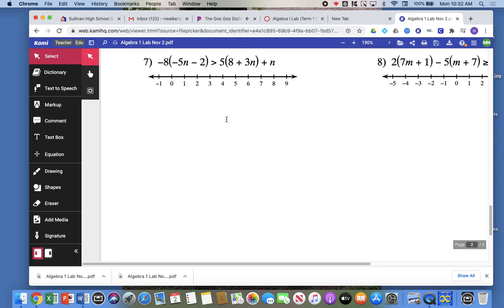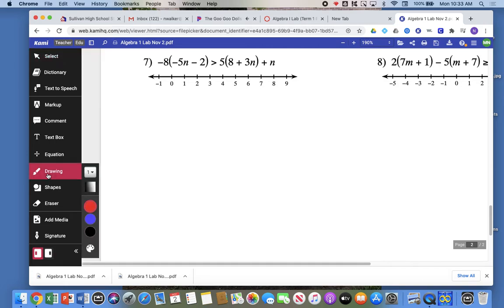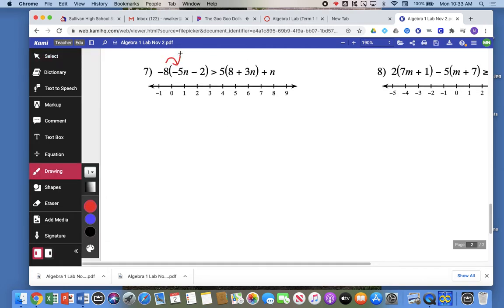All right, so on this one, we are going to distribute twice. All right, so we're going to get our calculators out first. All right, I'm going to distribute here. What's negative 8 times negative 5n? Positive 40n.